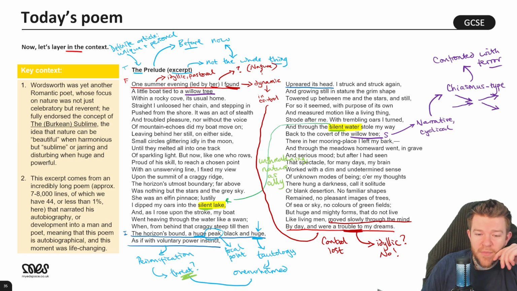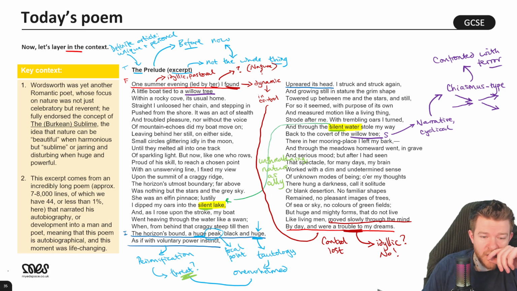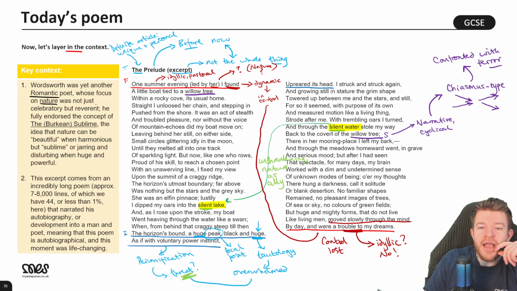So something to bear in mind, obviously, if we think about the poet being a romantic poet, obviously Wordsworth was a romantic poet. Focus was on nature, and it's not just celebratory. So nature isn't always just a beautiful thing, but he endorsed this concept of the Burkean sublime. So the sublime was this idea that nature can be beautiful when it's harmonious, like the silent water, but sublime or jarring and disturbing when huge and powerful.